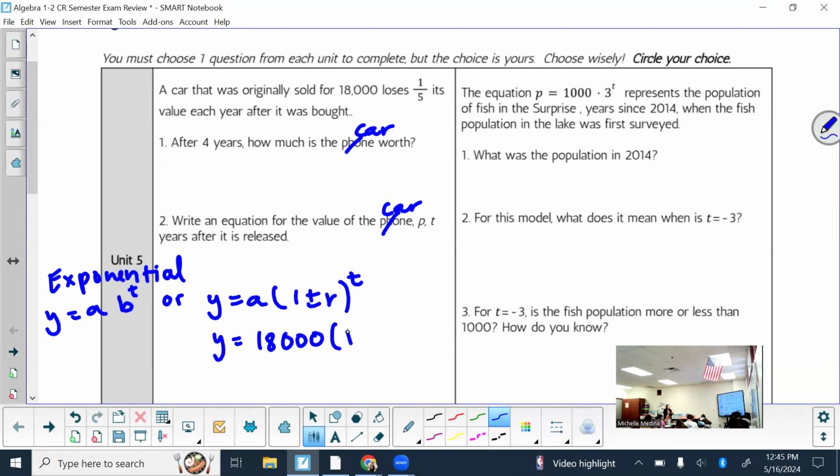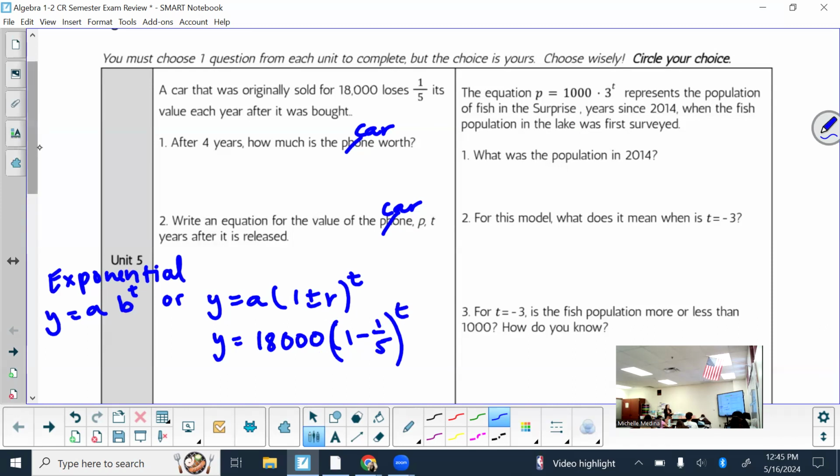Is the car increasing or decreasing in value over time? So that's where I'm going to do 1 minus the rate that it's decreasing by, because it says it's losing 1/5. You don't multiply by what you're losing, you multiply by what you're keeping. This helps me figure out what I'm keeping.